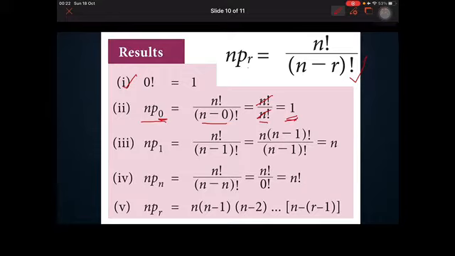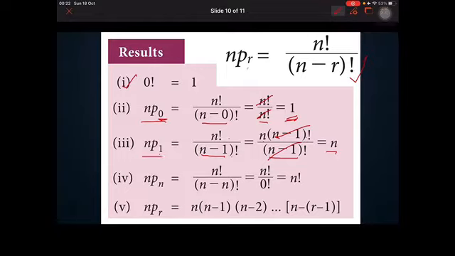What is nP1? Instead of r, we substitute 1 here. So n factorial divided by n minus 1 factorial. N factorial can be written as n into n minus 1 factorial. In the denominator, we have n minus 1 factorial, so n minus 1 factorial will get cancelled and it is equal to n.